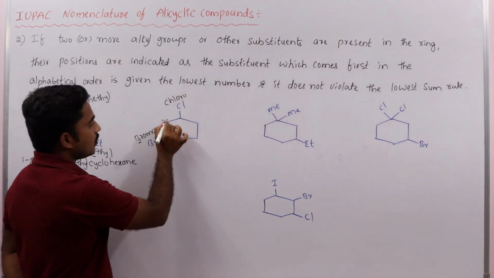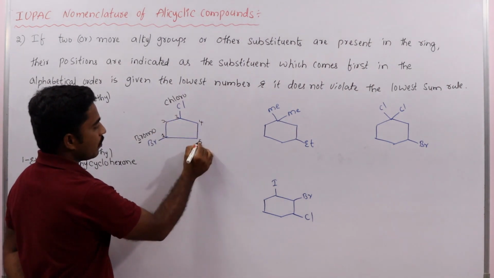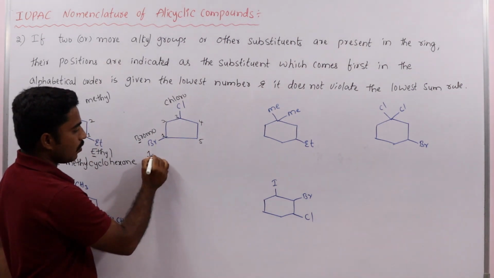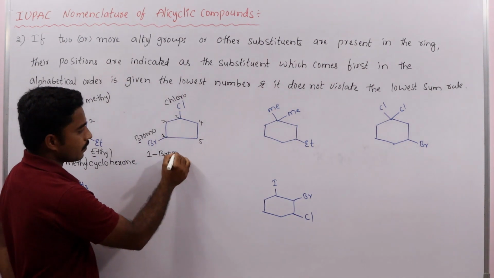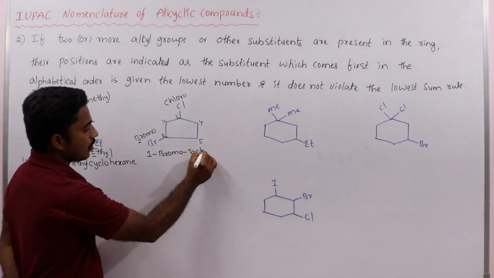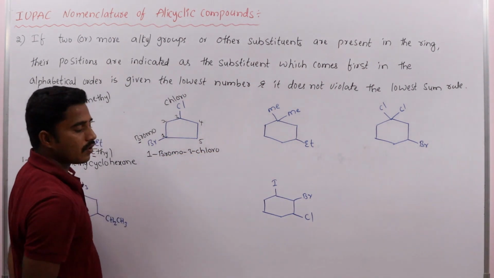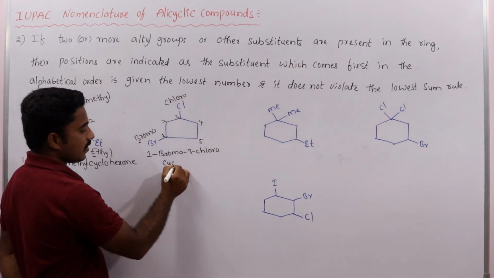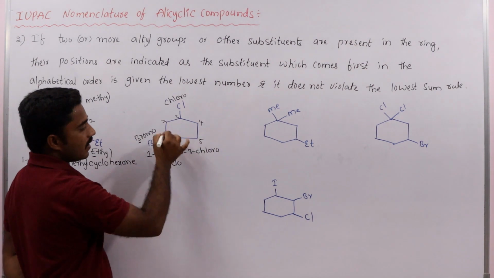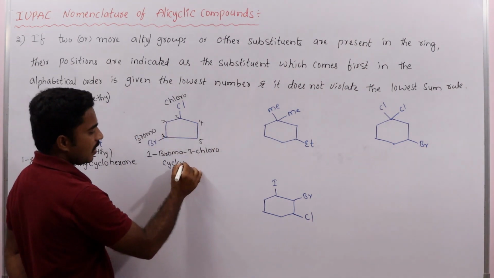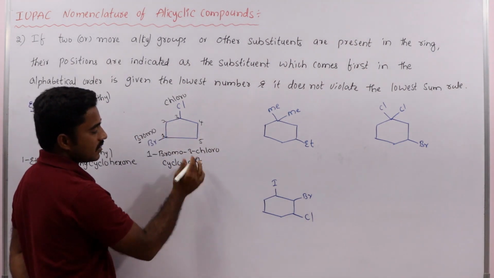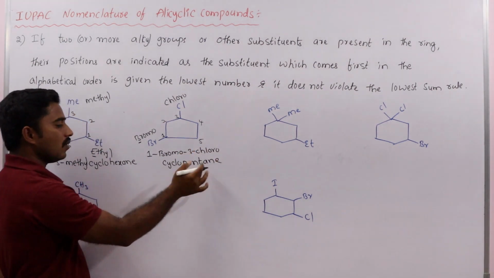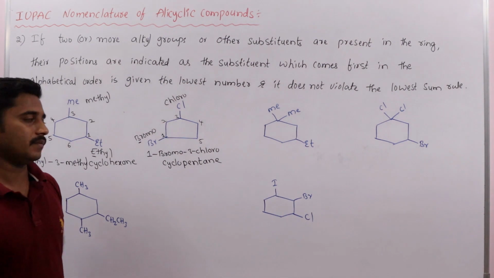That's why 1, 2, 3, 4, 5. Then 1 bromo, 3 chloro. So it is a cyclic ring, that's why the prefix is cyclo. 5 carbons in the cyclic ring, that's why pent, and it is saturated, that's why ane. 1 bromo, 3 chloro, cyclopentane.